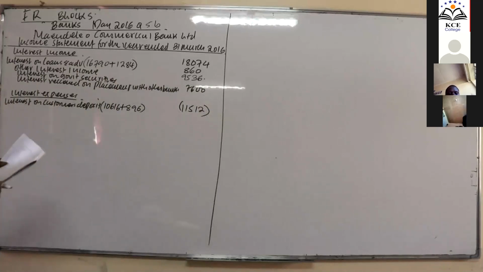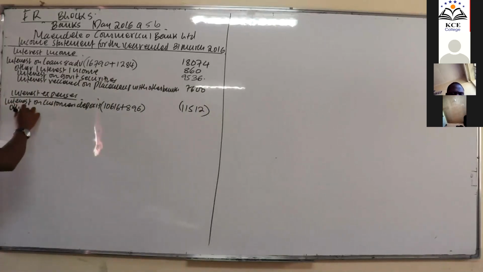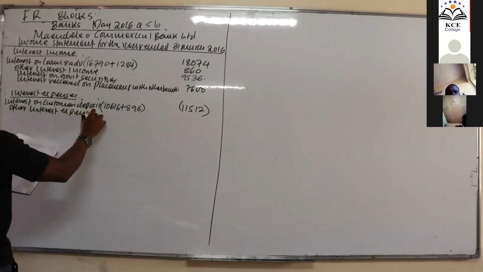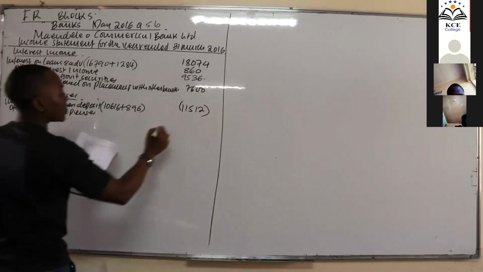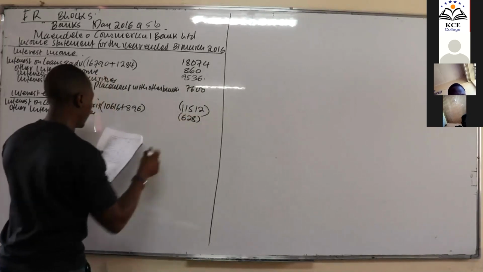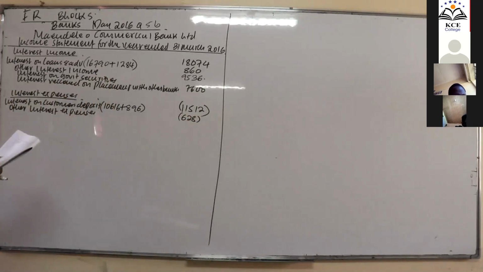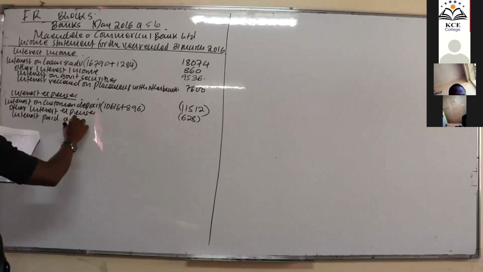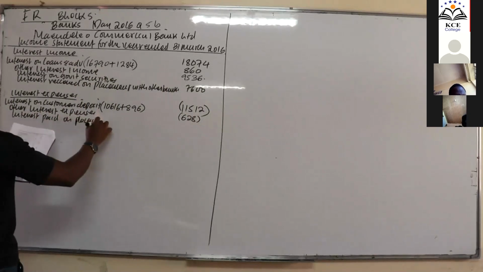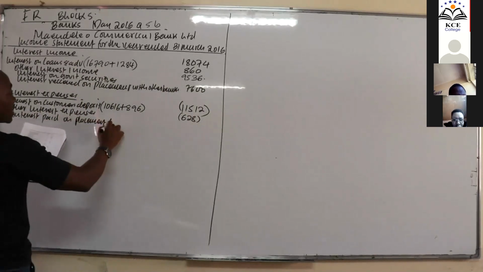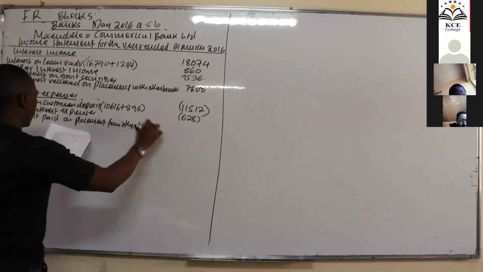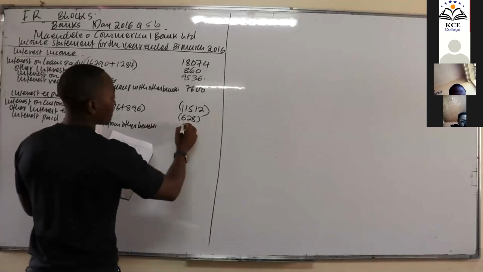Then we have other interest expenses, an amount of 628. Interest paid on deposit and placement with other banks. So interest paid on placement from other banks, we have 2560.